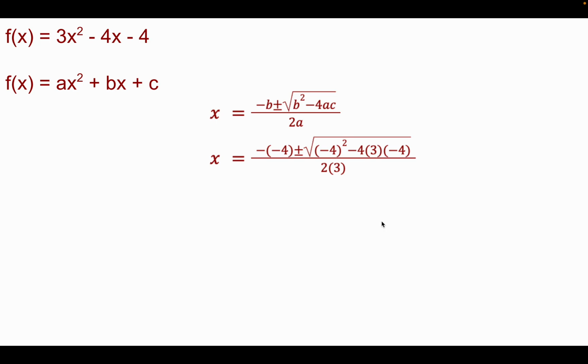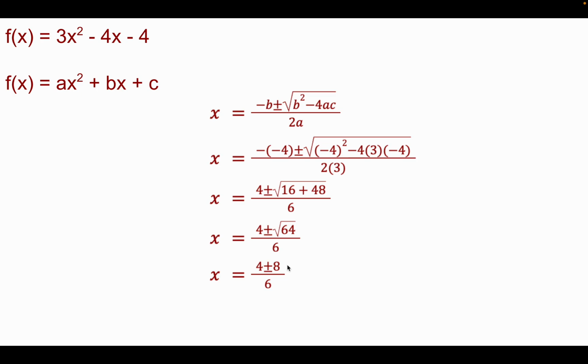Okay, now let's simplify this a little bit. -4, that's 4. -4 squared is 16. -4 times 3 times -4 is 48. And then 2 times 3 is 6. Now we can add 16 and 48 together. That will give us 64. And the square root of 64 is 8.